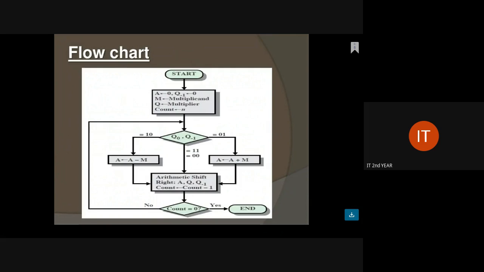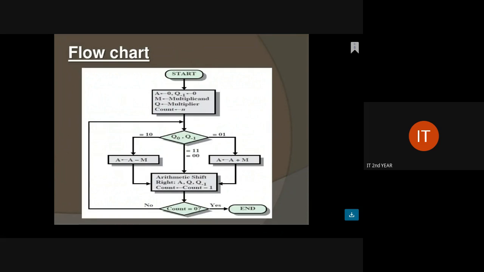Finally we check whether the count value is decremented. When the count value is equal to 0, we get the final answer. When the count value is not equal to 0, we repeat the same procedure until we get the count value as 0.